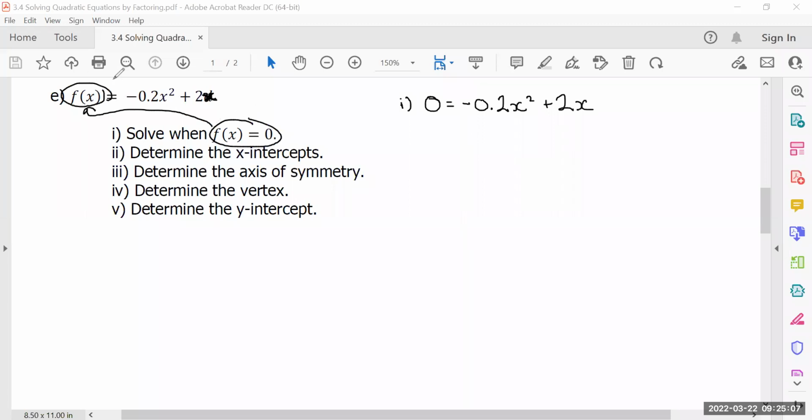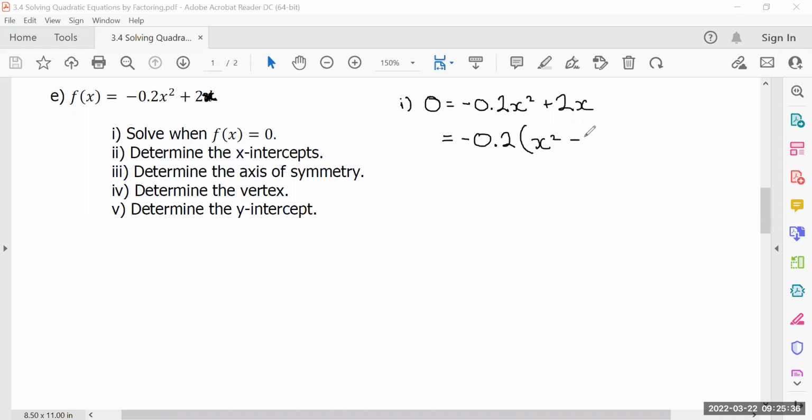So yeah, the question is asking, if that entire equation does equal 0, what would you do? Well, this is something I notice. I can actually factor out a -0.2 first. So I'm going to divide by -0.2. You can do that in the calculator, but I'll do that for you.